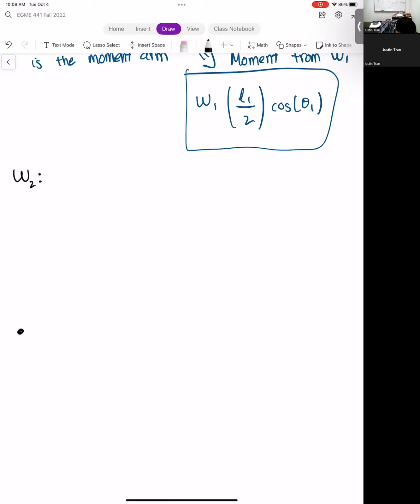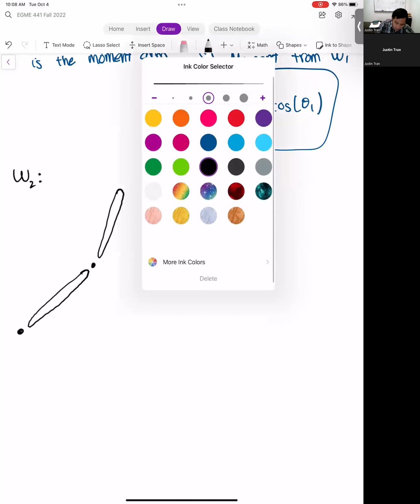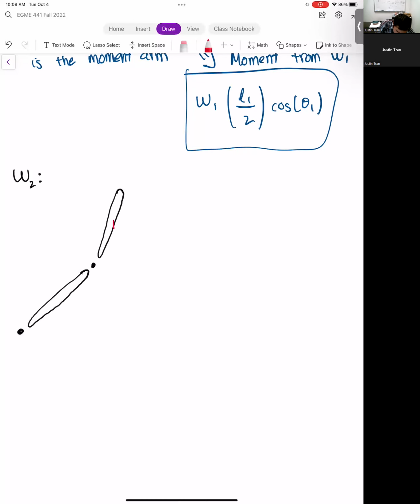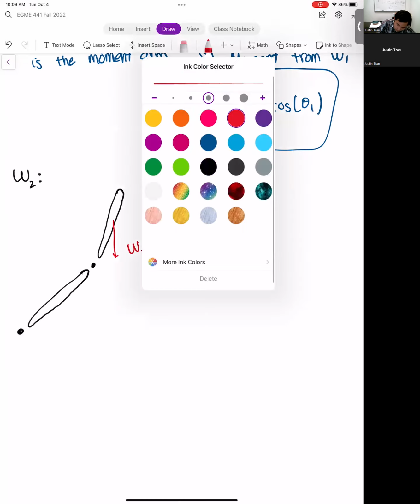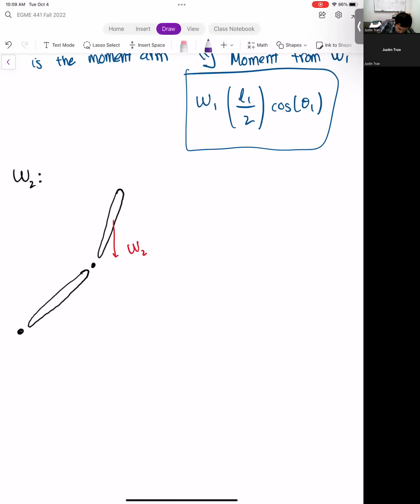All right, so W2. And so we know that we have the upper arm segment here, okay? And we have the other arm segment right here, okay? We know that W2 is acting at this location right here, going vertically down. And then to compute its moment arm, we need the geometric information.